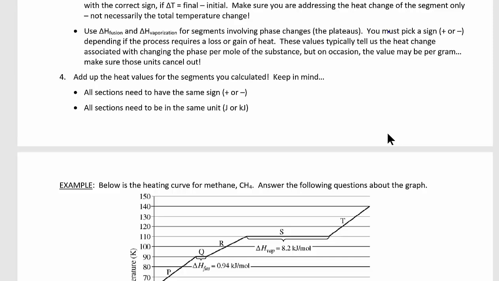You just add them all up. All of the sections have to have the same sign because you're usually going in one direction. You're not going back and forth. All sections need to be in the same unit. You will have to do a conversion because likely the phase changes are given in kilojoules and your diagonal changes, or your heating and cooling of a phase, are usually given in joules.